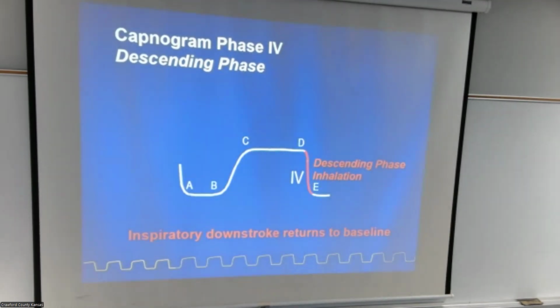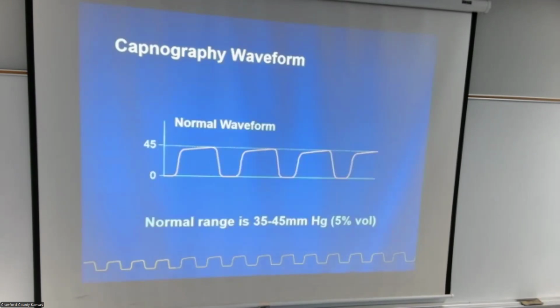And that's our full respiratory cycle for capnography. So normal range is between 35 and 45, 5% volume. This is what we should look like on a good day when life is perfect. That's what we should have. Is this what we get?